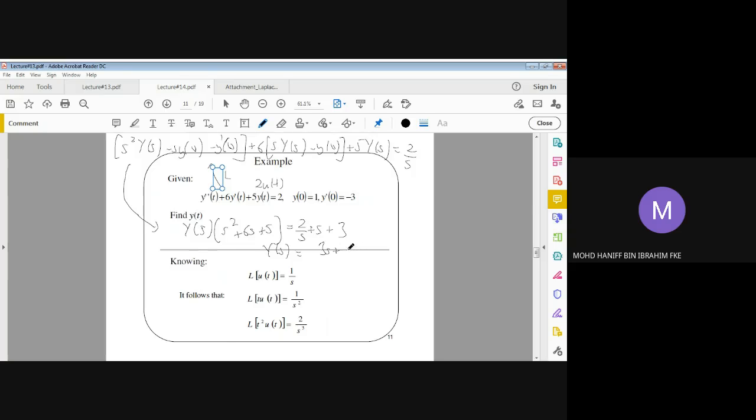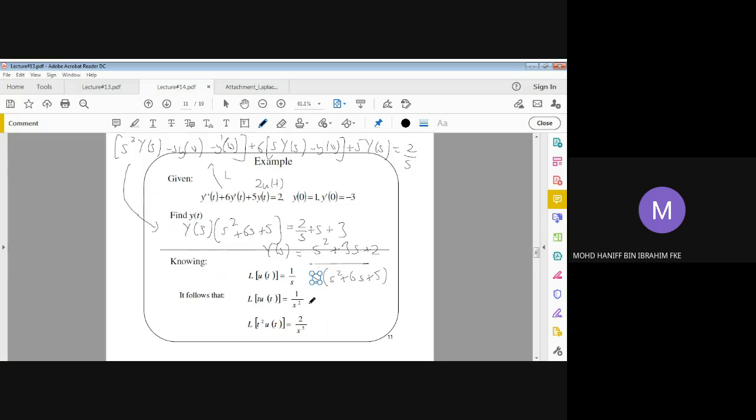So in the end, we're going to have Y(s) equal to s squared plus 3s plus 2 divided by s, and then divided by s squared plus 6s plus 5.